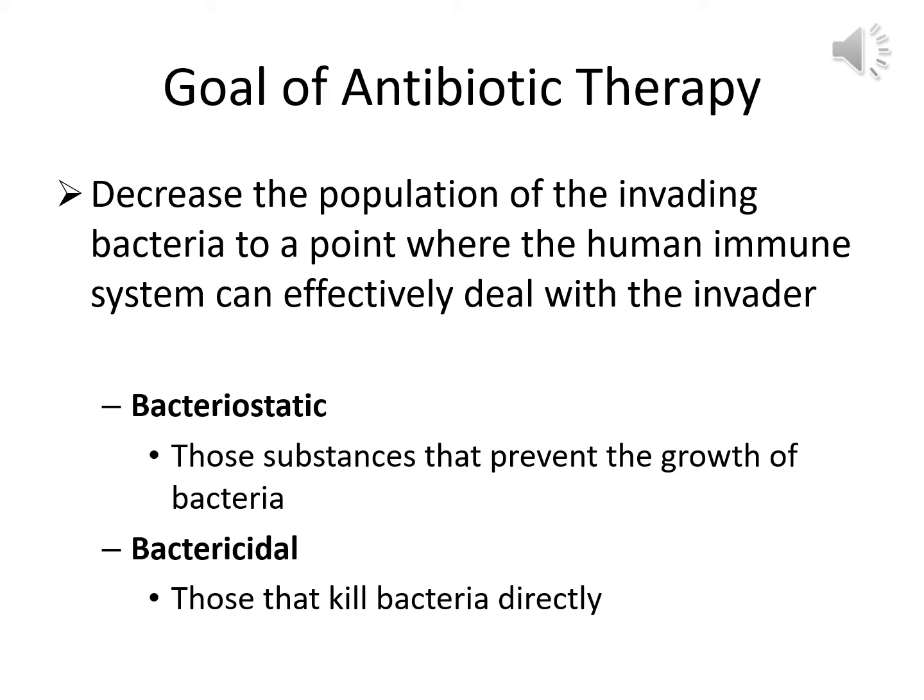Bactericidal antibiotics, on the other hand, actually do kill the bacteria directly. So if you've got some immune compromise, you'd want to select an antibiotic that is bactericidal rather than bacteriostatic, because that is going to help clear the organism much more, since we don't have to rely on the immune system as much as the bacteriostatic drugs do.